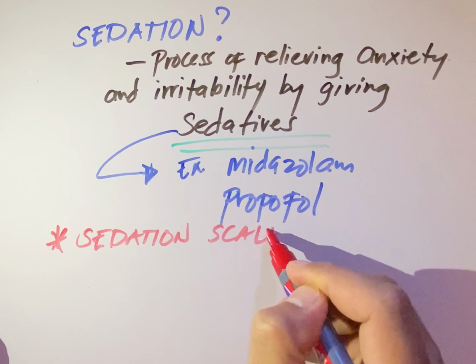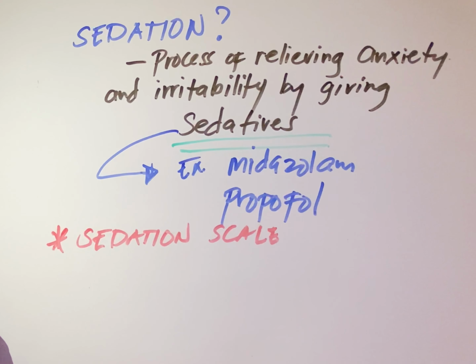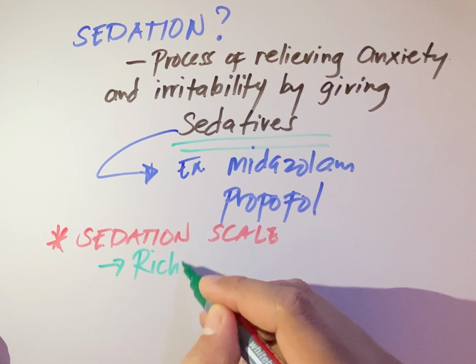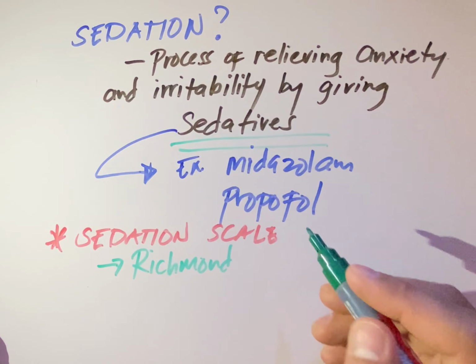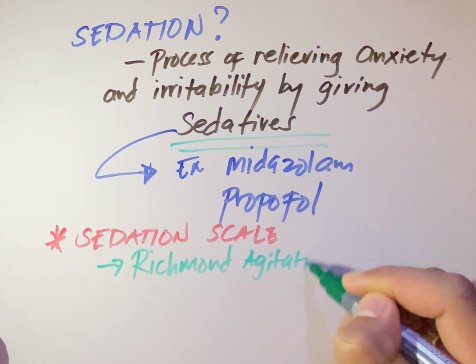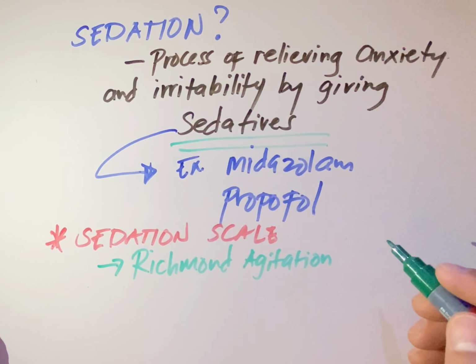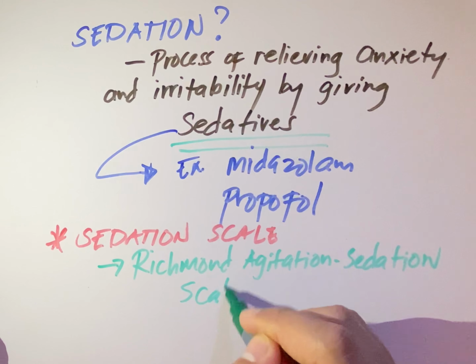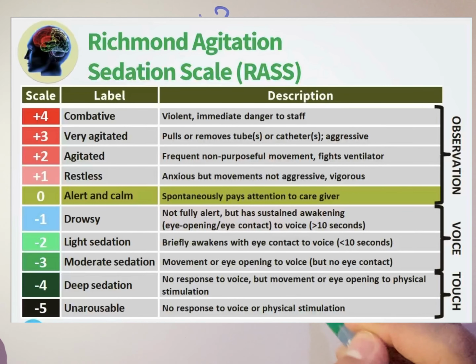All right? The routine use of sedation scales is instrumental in achieving effective sedation. So in the ICU, we use sedation scales to achieve optimum effect of the sedation. The sedation scale that is most reliable in the ICU is the Richmond Agitation Sedation Scale, or the RASS.